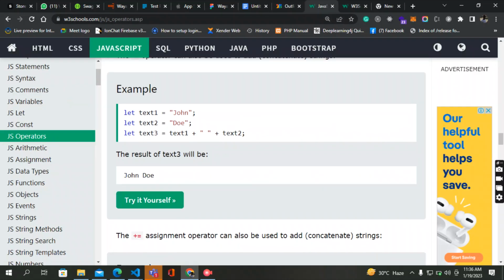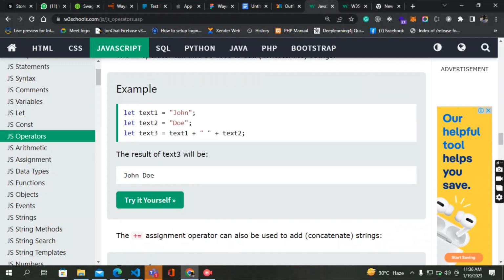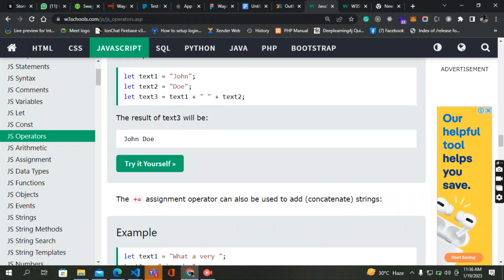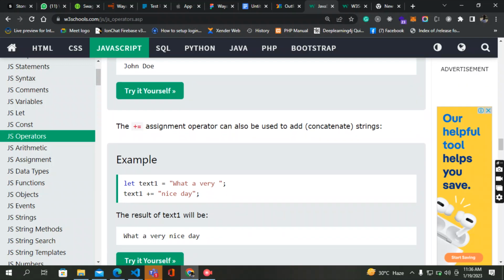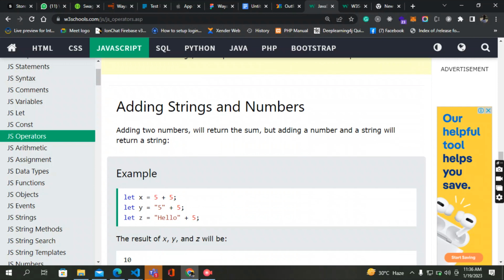So that is what this is trying to explain to us. You can see you can use all these assignment operators in the same way with the string value. So that is for that.